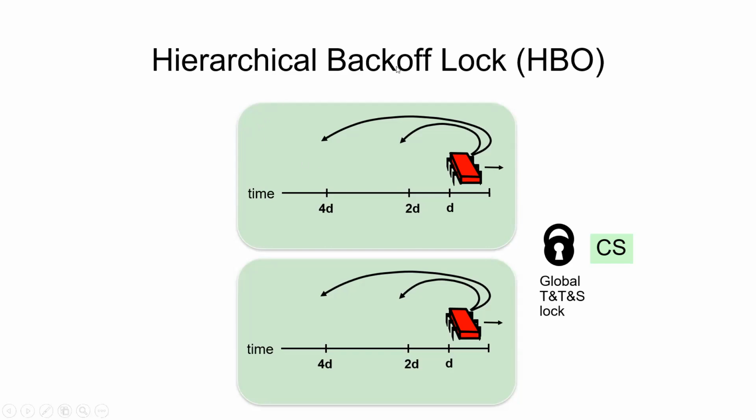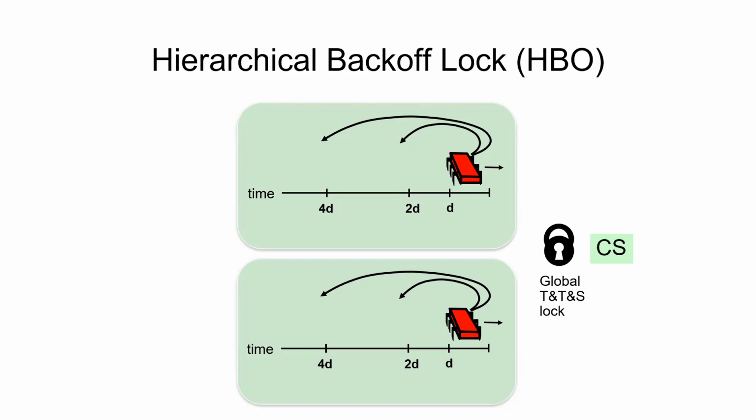Now, what is the hierarchical backoff lock? Here, if my NUMA machine has two nodes, this is the first node and this is the second node. Whenever threads try to acquire the global lock, once a thread from a particular NUMA node acquires the lock, if some other thread comes from the same NUMA node, we send that thread to a waiting period with a short duration.